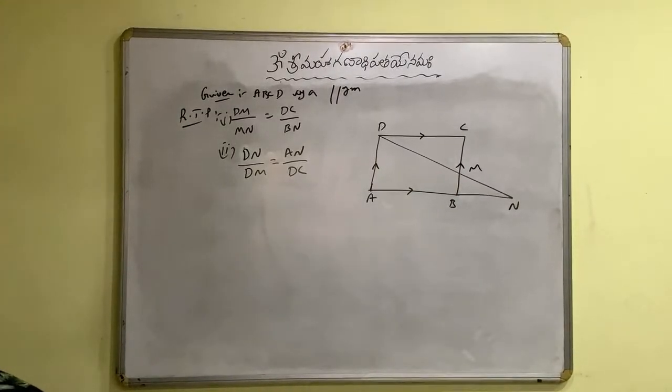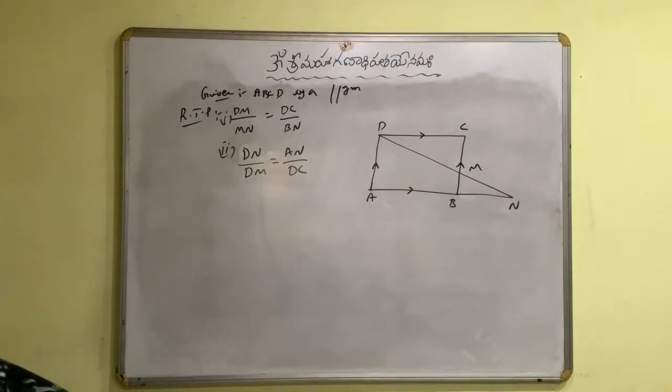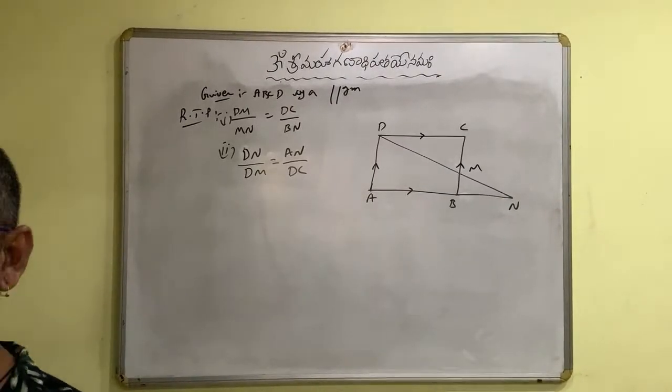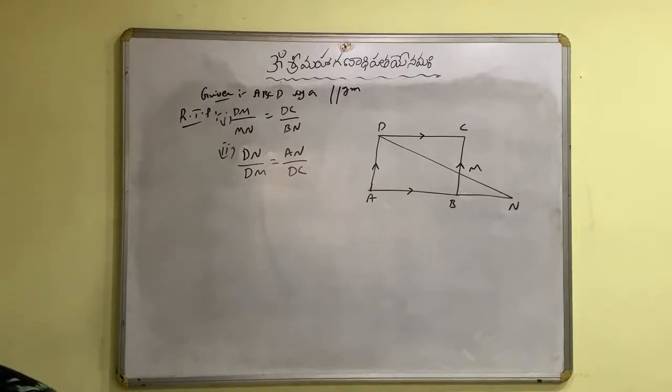first we need to consider two triangles in which these four line segments should be a part of those two triangles. Means numerators DM, DC. First one I am talking about. Observe the numerators DM and DC.